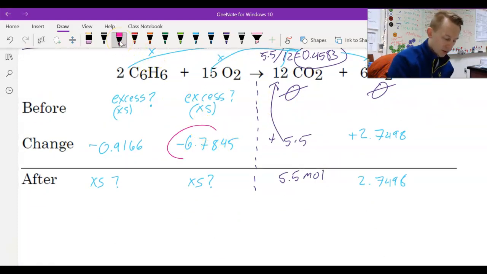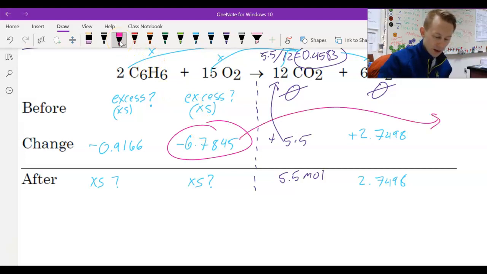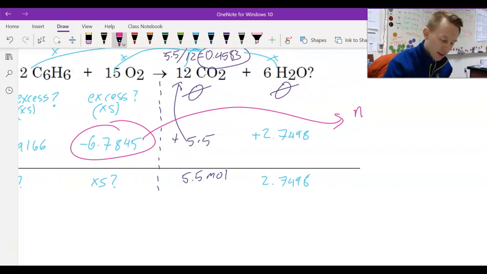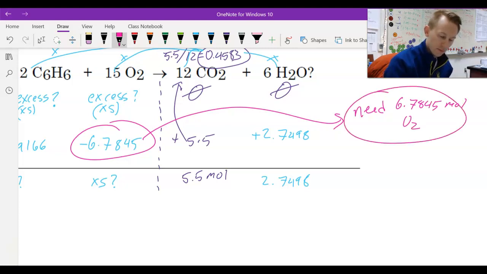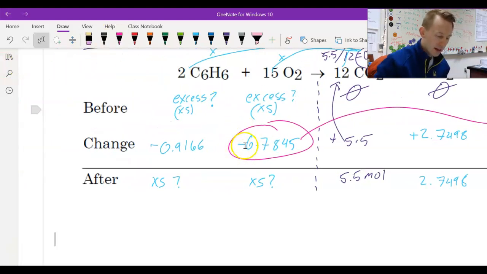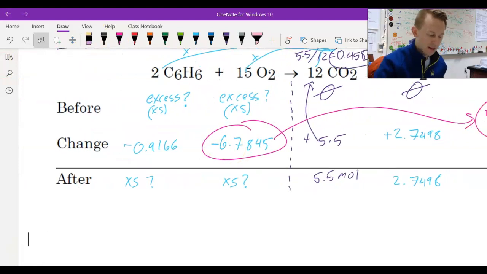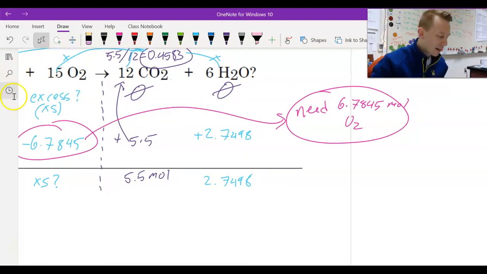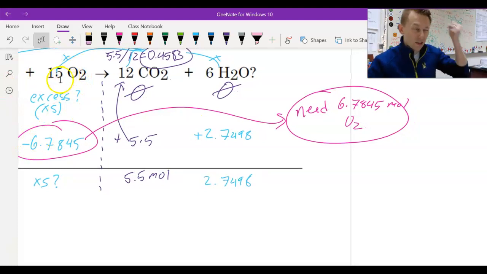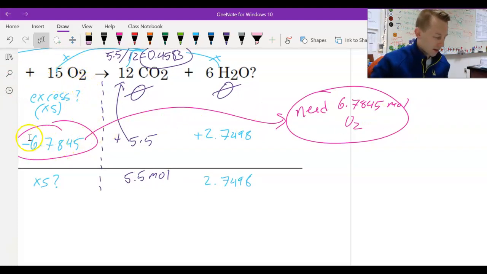So I'm going to circle this and bring it off to the side and say we need 6.7845 moles of O2. I wouldn't say we need a negative amount, because that wouldn't make sense. The negative just shows that I'm decreasing my amount of oxygen because that's getting used up. And it's saying I need that much O2.